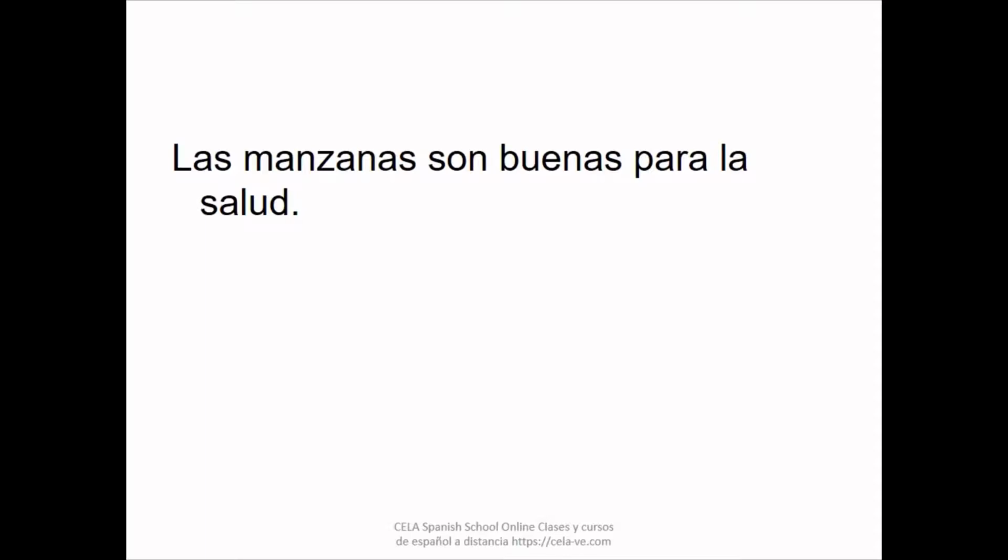A noun can fulfill several functions in a sentence. It can be the subject, as in the sentence, las manzanas son buenas para la salud. ¿Qué o quiénes son buenas? Las manzanas. Las manzanas are the subject in the sentence because they do the action.